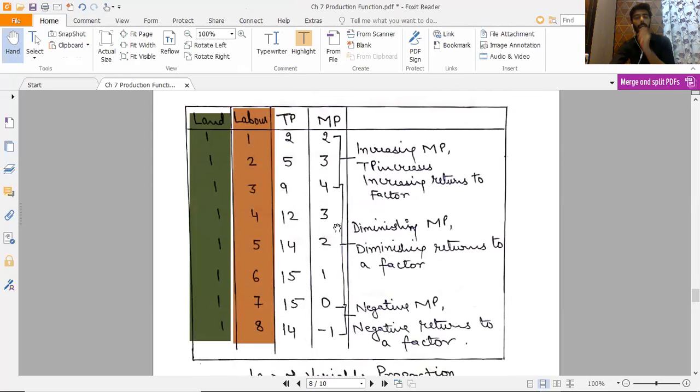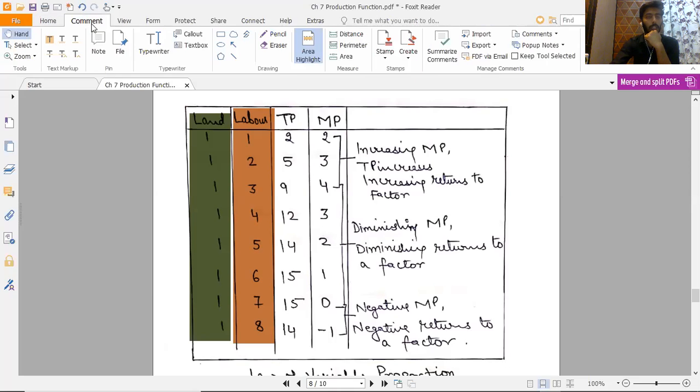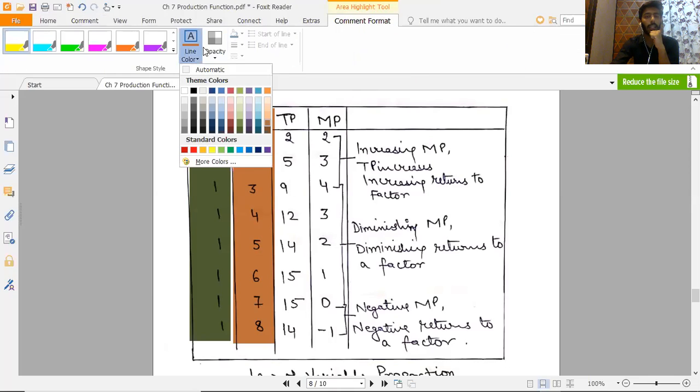Now look at the TP. TP is also given in the question. This table is just for the explanation of the law of variable proportion. We will see how MP behaves, and what impact it has on TP. So let's check out TP.